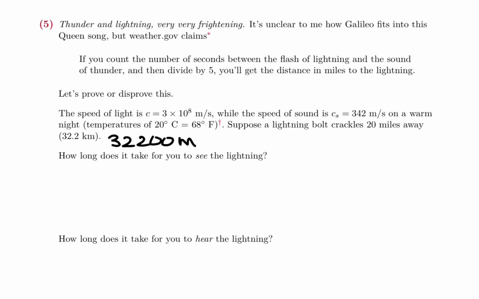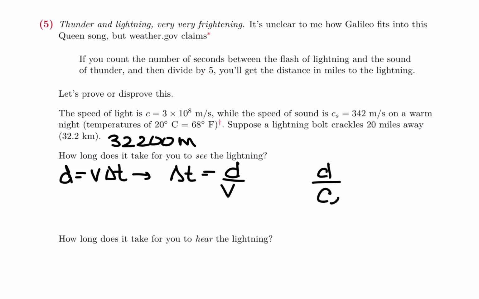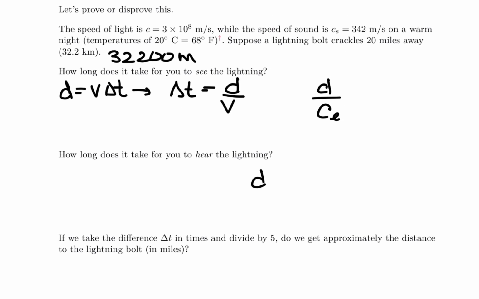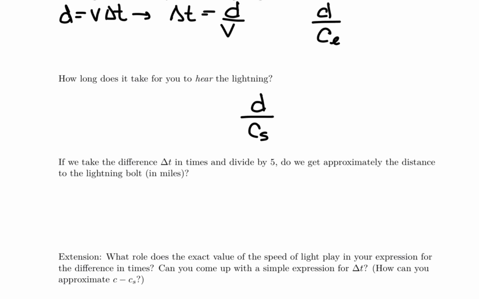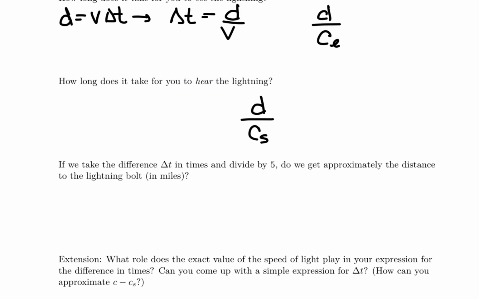This essentially is a chapter 2 problem where distance equals velocity times time, or in this case, delta t is the distance traveled divided by the speed. In this case, you would plug in the speed of light and get something that's incredibly small. Then you'd use the same d but plug in the speed of sound and get something like 90 seconds. The change in time for light is essentially 0. You essentially see it instantaneously.